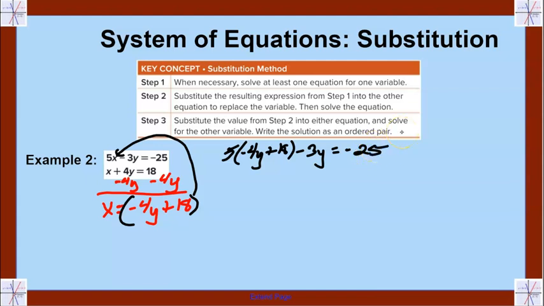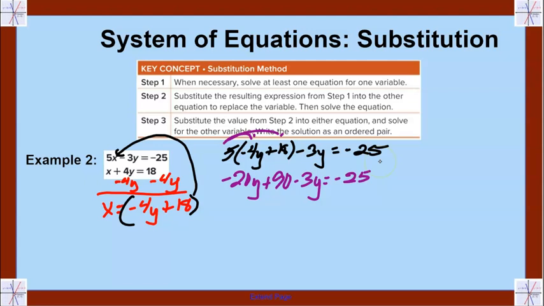And since I still have parentheses in there, we always want to get rid of parentheses in our equations so we can get the variable by itself. So I'm going to distribute a 5, which will give us -20y. And then 5 times 18 will give us 90. So plus 90, minus 3y equals -25.